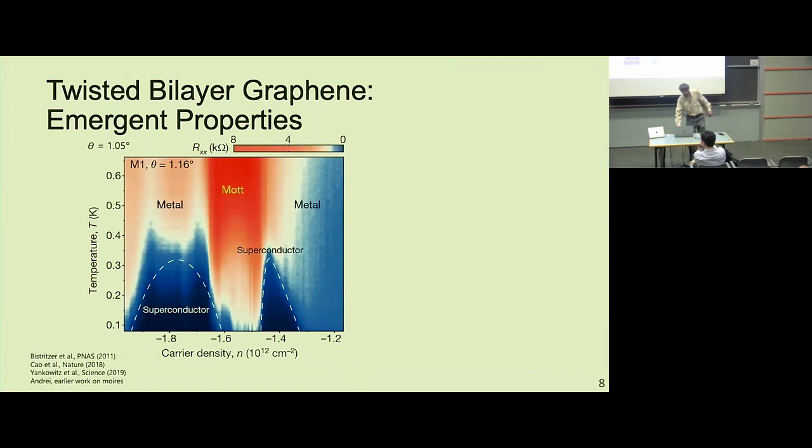And so many people set out to try to reproduce and extend this. Matt Yankowitz was the first, working at Columbia at the time, was the first in another group to do that. And since then, there have been hundreds of samples around the world that have shown superconductivity in the system.